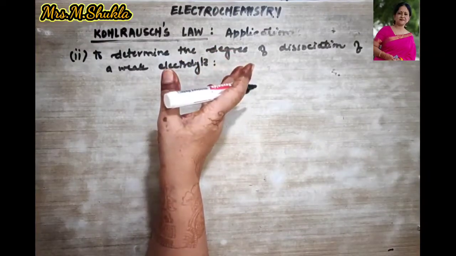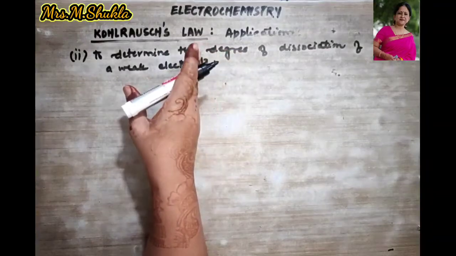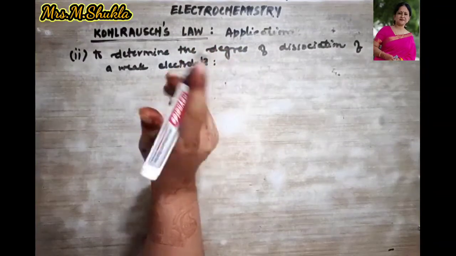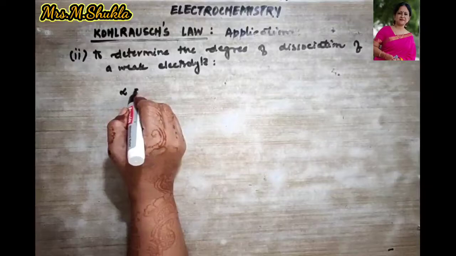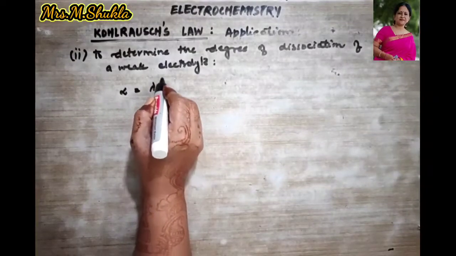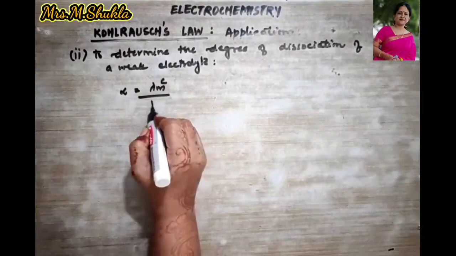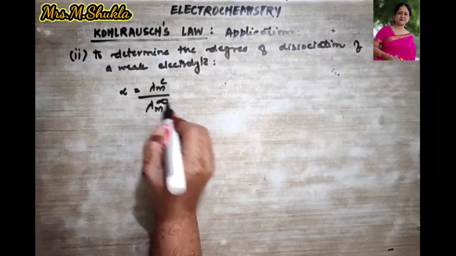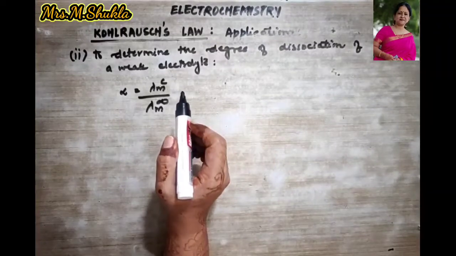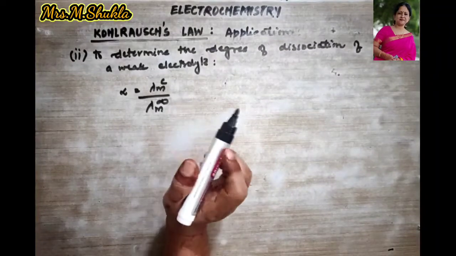That is, what is your limiting value? The molar conductivity at infinite dilution, the molar conductivity of the weak electrolyte at infinite dilution.